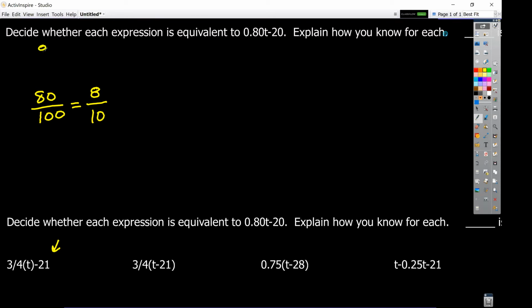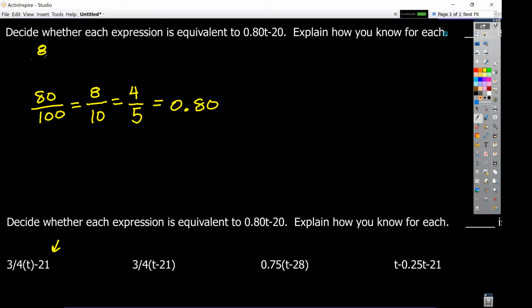And we can simplify that down even further to 4/5. So if you guys see any of these fractions, they are equal to 0.80.